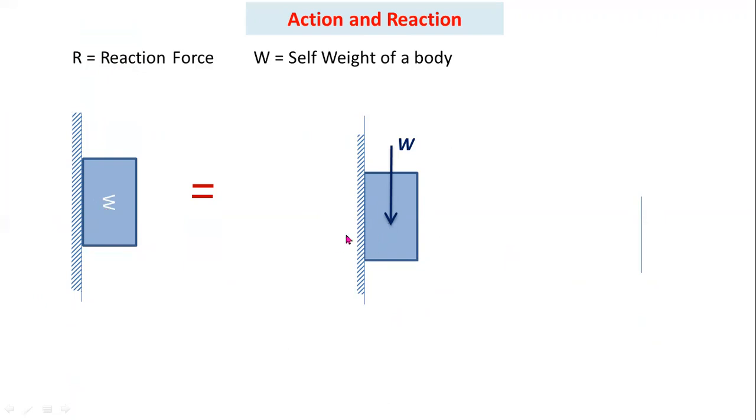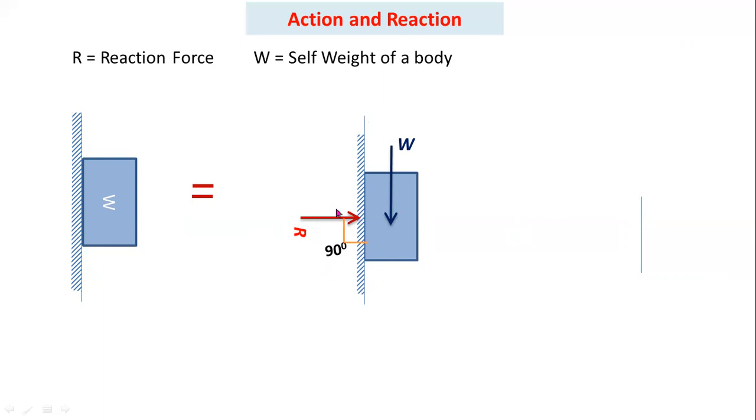Now there is a contact between the block and the vertical wall. Here the support is a vertical wall, so you have to consider a horizontal reaction force. Reaction force always makes an angle of 90 degrees with respect to the support. It is very important.